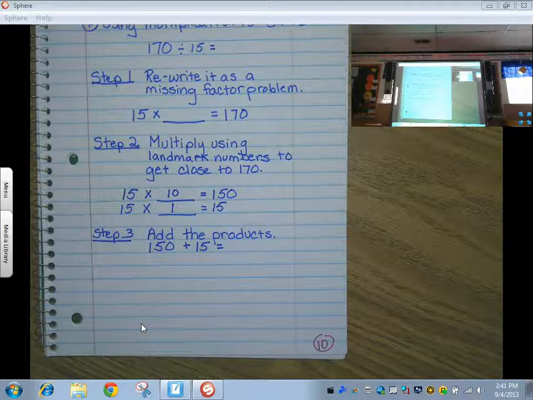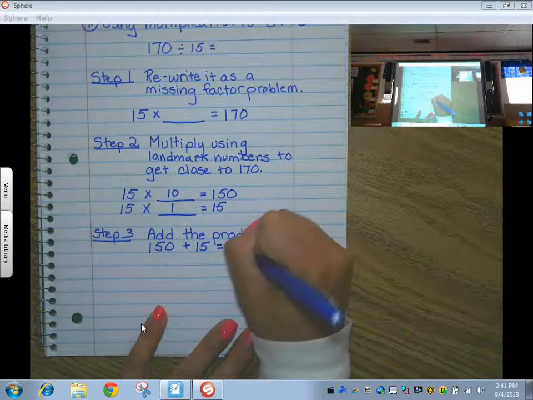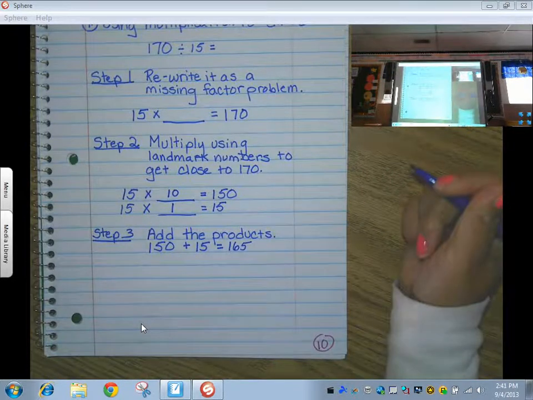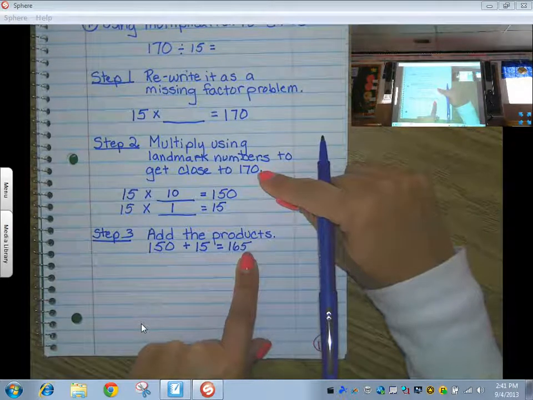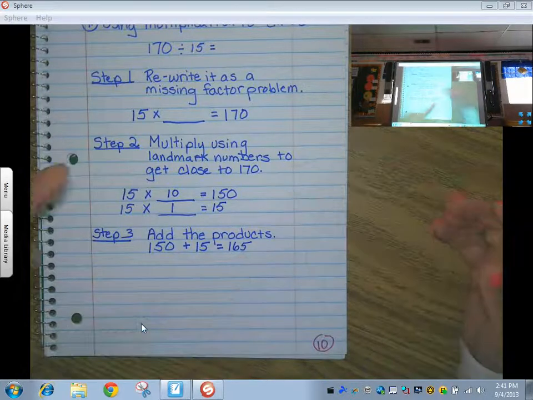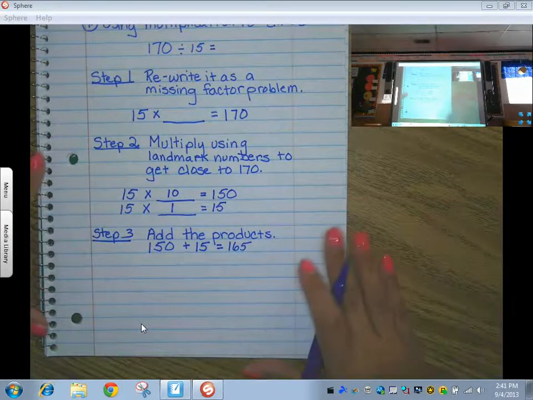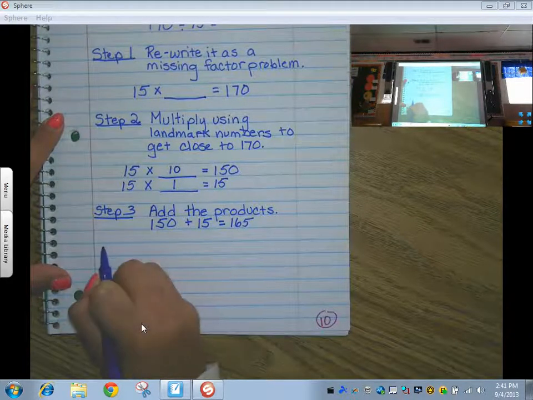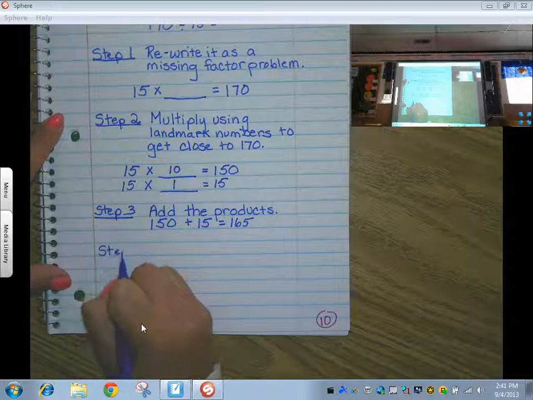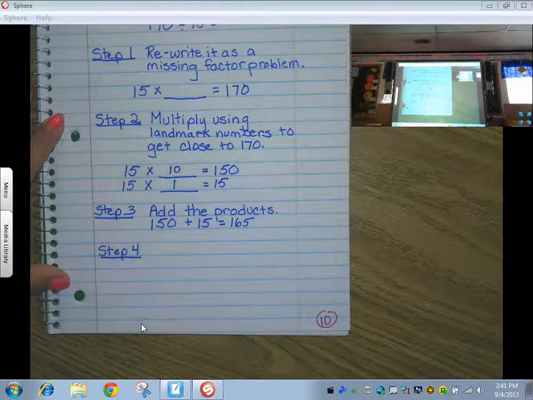So step 4, you're going to find out the remainder. So this is what you're thinking in your head.